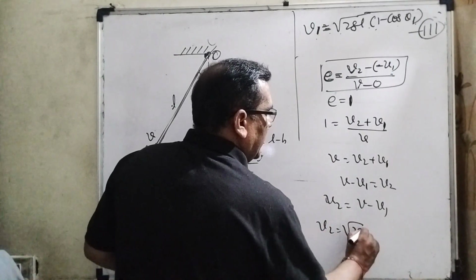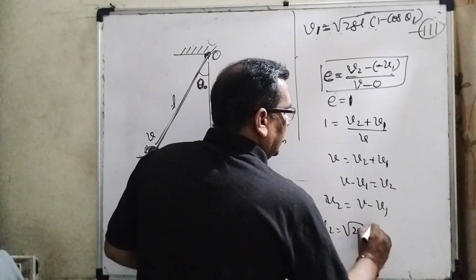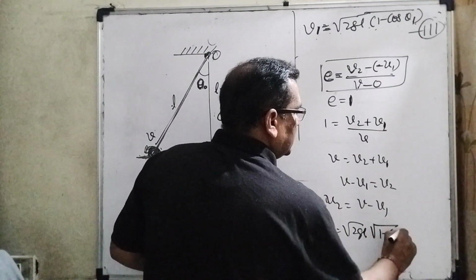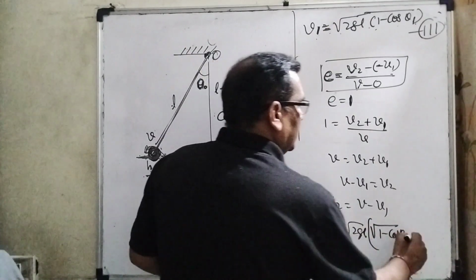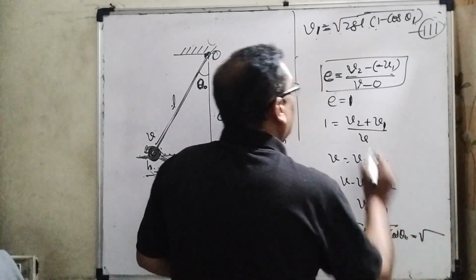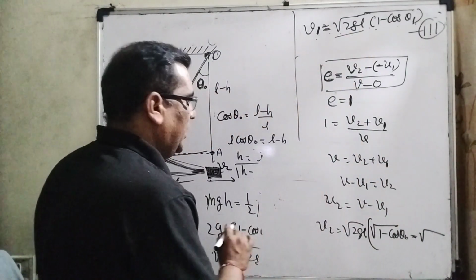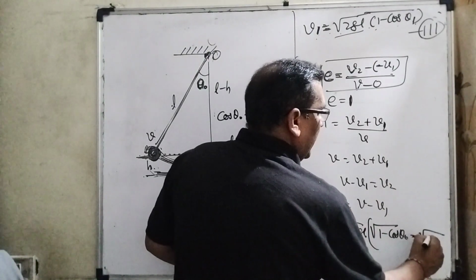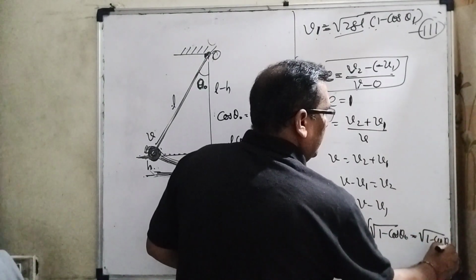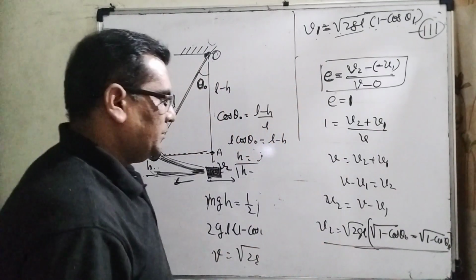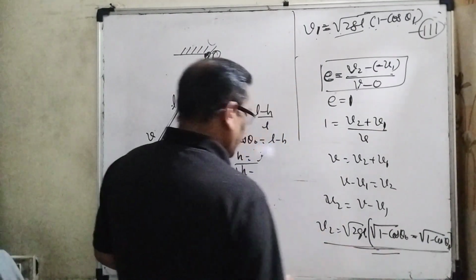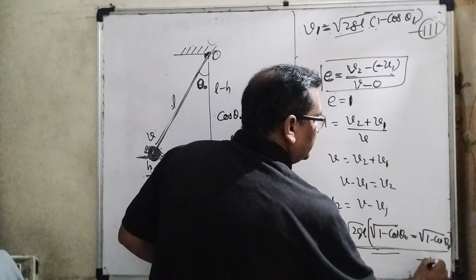Root 2gL into 1 minus cos theta naught. 2gL gets common, and here again 2gL, so we take common, and 1 minus cos theta 1. So we get v2. It is equation number 4.